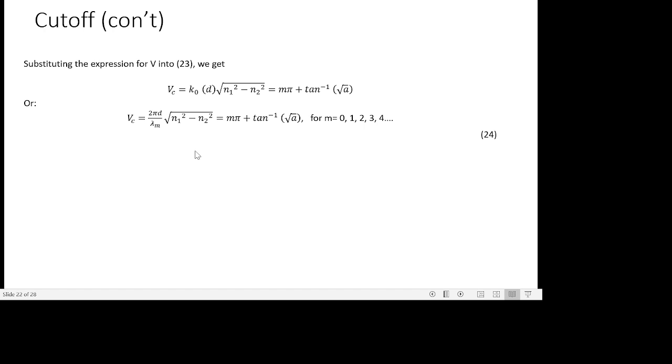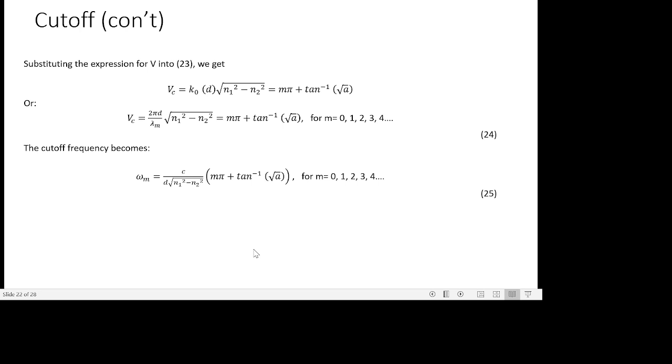So let's do a little bit of substitution for k0. We get this one, and lambda m here represents the cutoff wavelength. So as a result, we get the cutoff frequency for a particular mode.